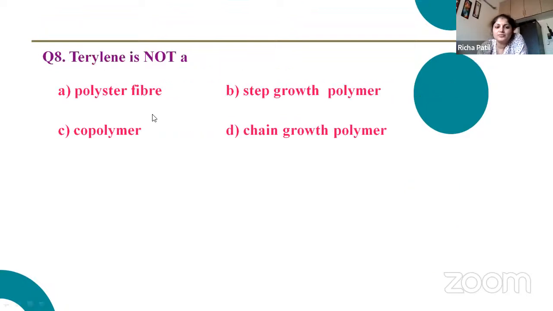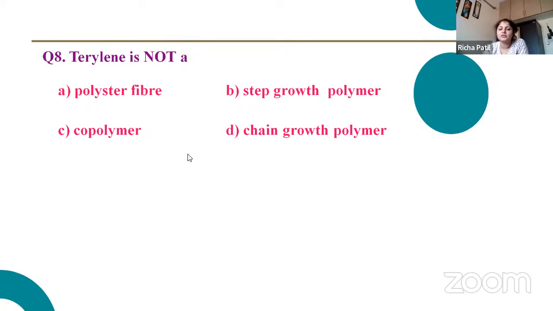Terylene is not a polyester fiber, step growth polymer, chain growth polymer, copolymer, what? It is not a chain growth polymer. Terylene is actually a copolymer, so it undergoes step growth polymerization.